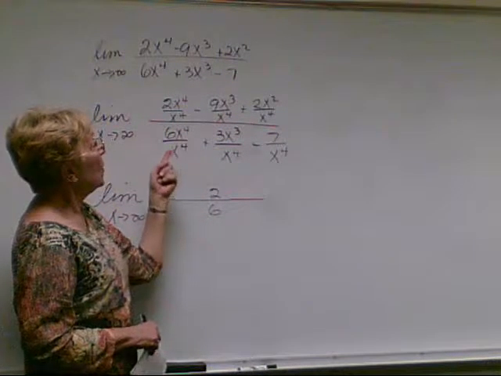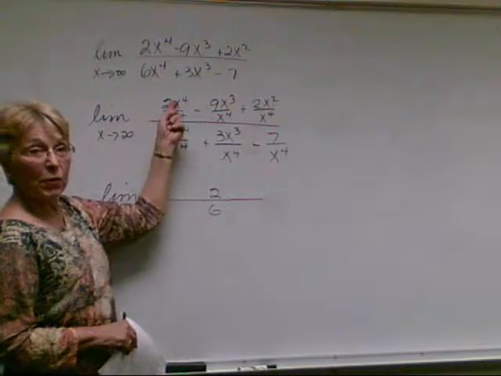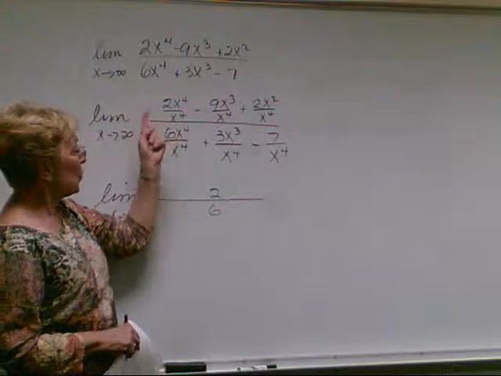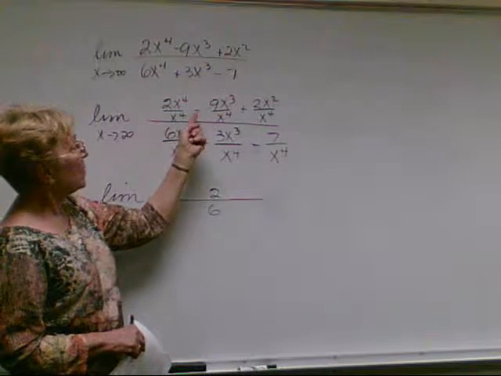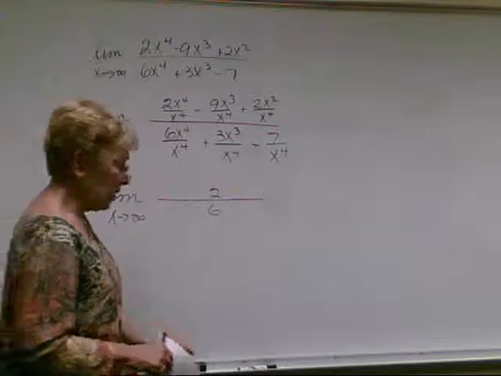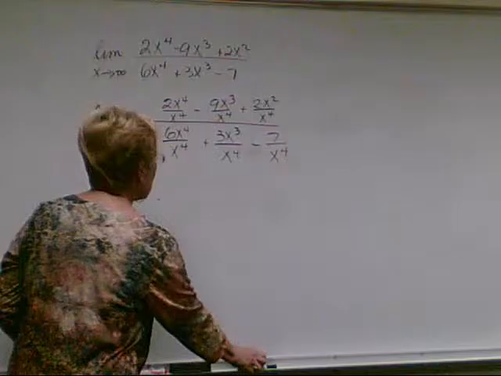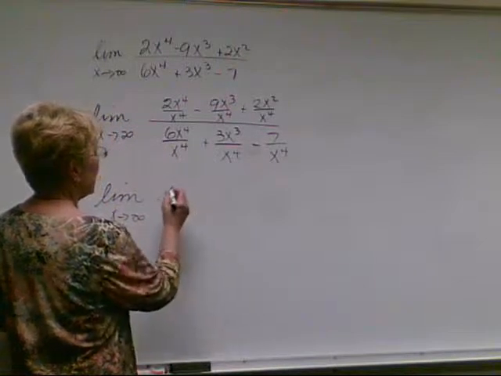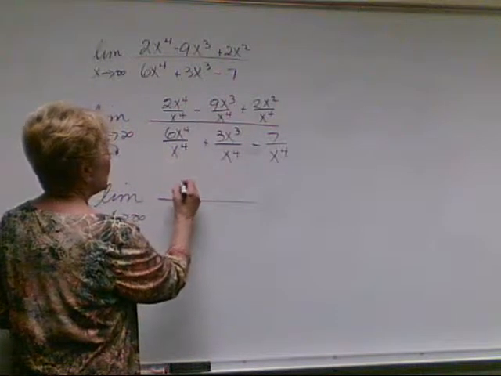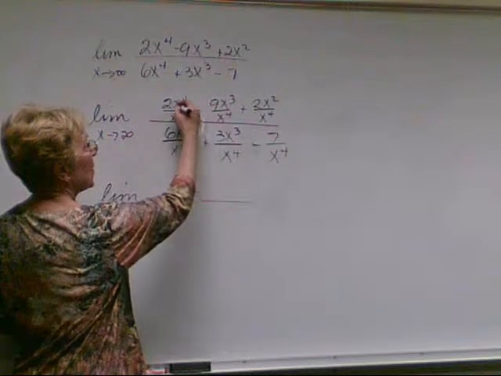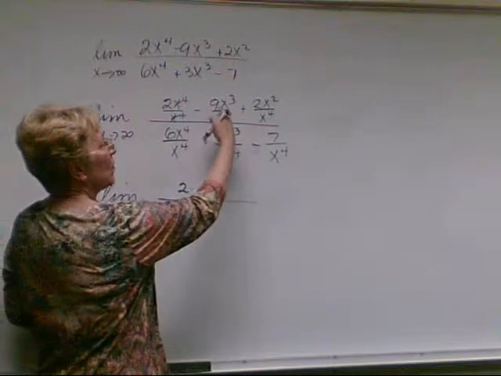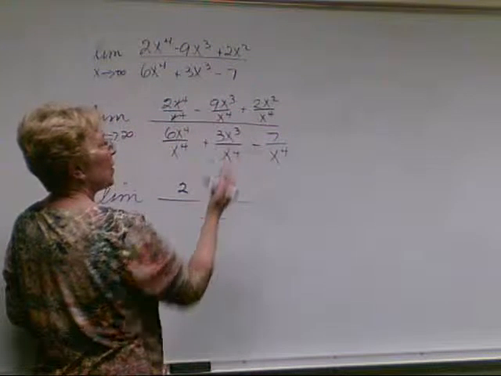Well, you can see that what's left on the first term in the numerator is 2. I should probably write that instead of spoiling the answer for you. So what's left here is 2, because the x to the 4ths are going to cancel. And we see this one was 9x cubed divided by x to the 4th.